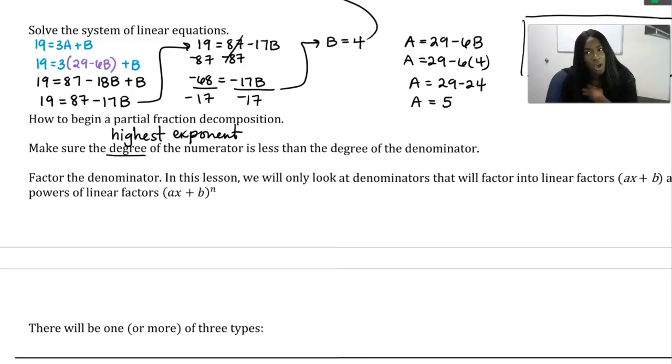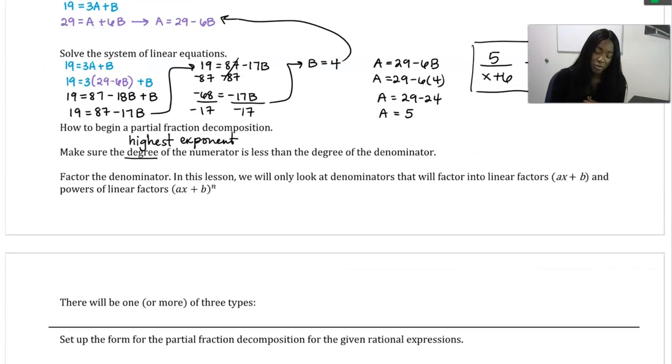We have not yet talked about factoring much in this course, and so you will be given denominators that are factored for the most part. You might have to pull out like an x or something like that, but for the most part, you won't have to do any crazy factoring to do your partial frac decomp, at least not for now, not until after we talk about factoring. The next thing is we will only be looking at examples where the factors in the denominator are linear or repeated linear factors.